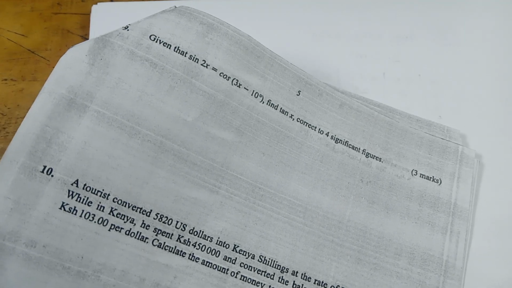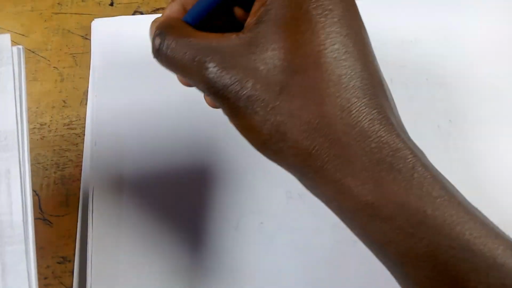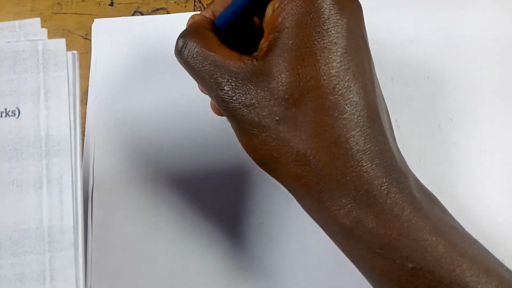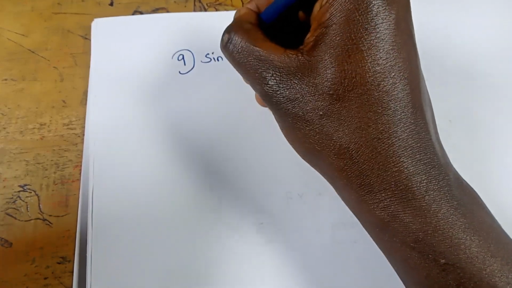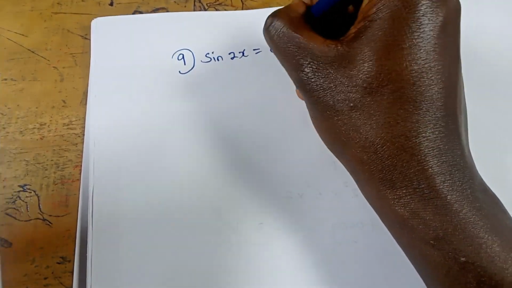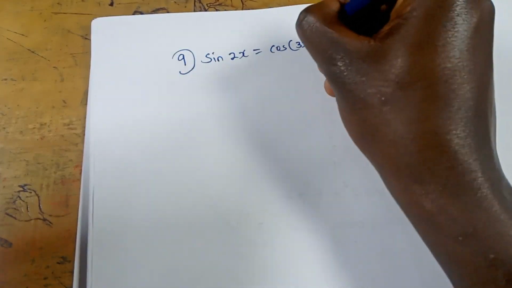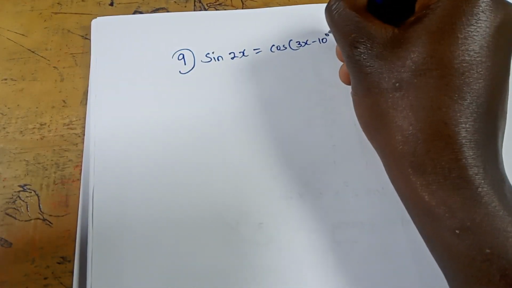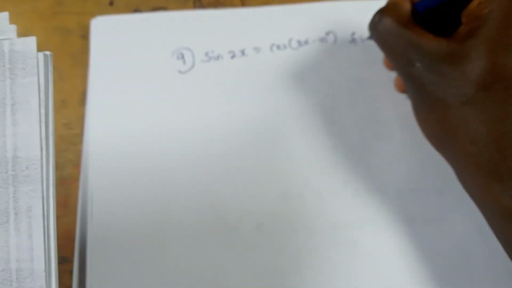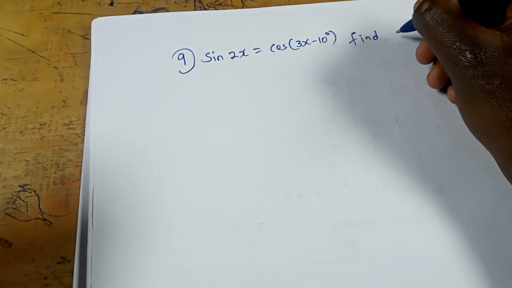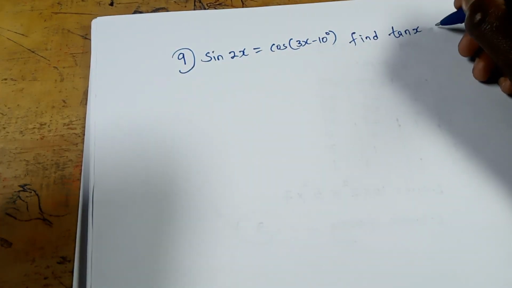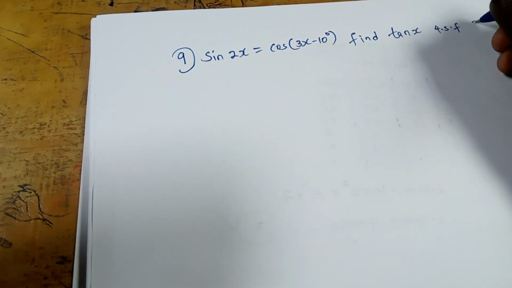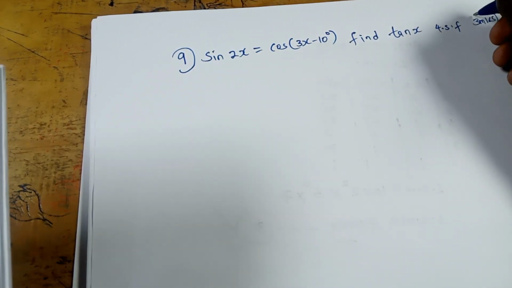Find tan x, correct to 4 significant figures. That is earning us 3 marks.